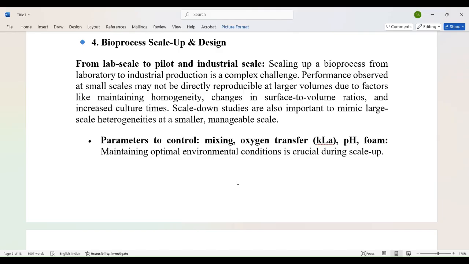Now, when you are designing a process for 1 liter, for example, I am designing a batch of 1 liter to produce insulin. Of course, we cannot run a multi crore industry through 1 liter of production.